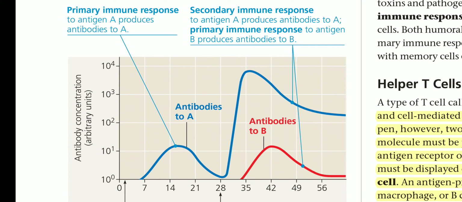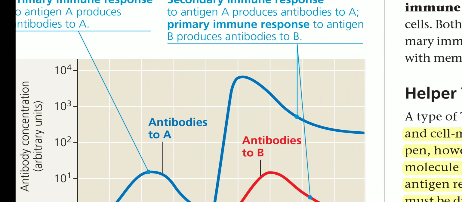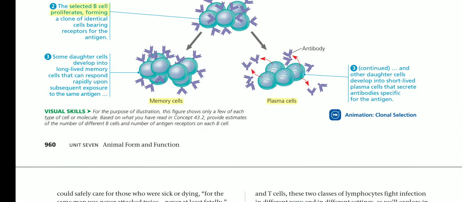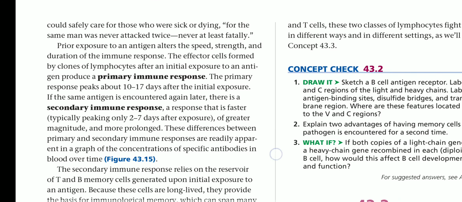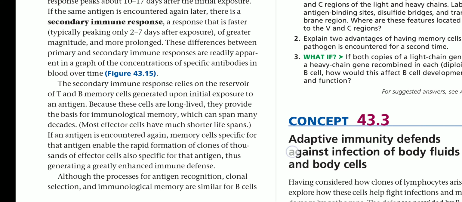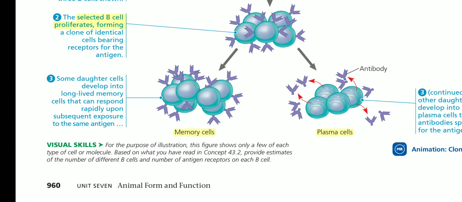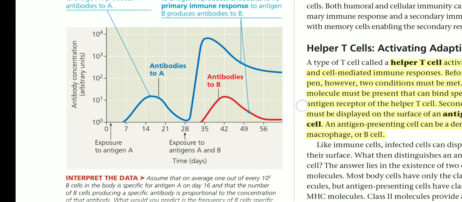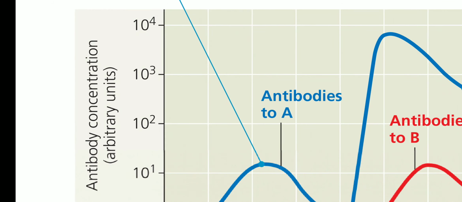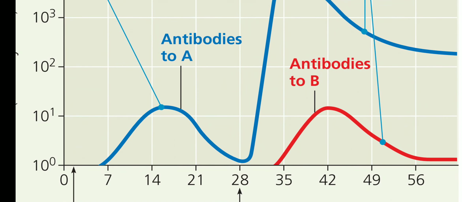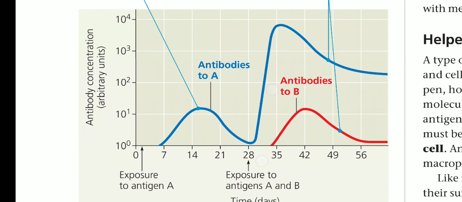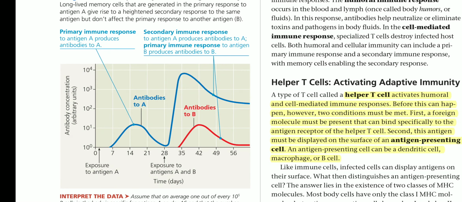The concentration of antibodies becomes very high because it's already been prepared as a memory cell, so it doesn't take time to make these clones because they're already stored. So the antibody concentration is vigorously high compared to the early stage of the first exposure to the antigen.